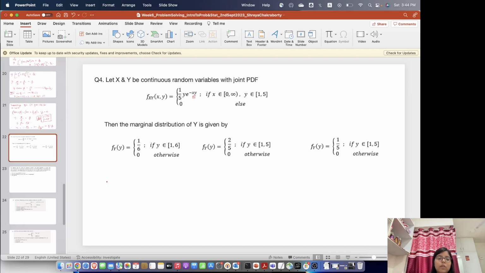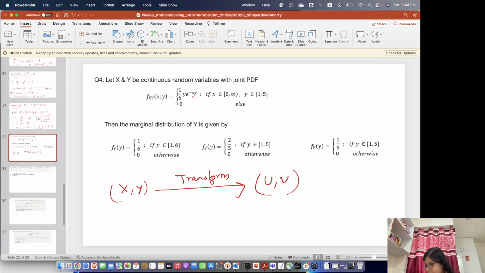So what we'll do is that we will transform this xy variable to another random vector in the 2D space, uv.